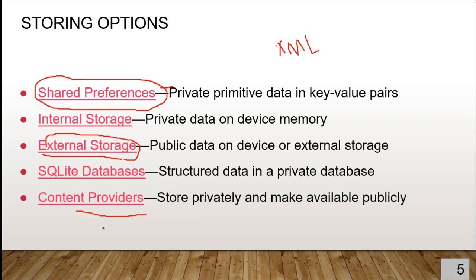You can use the content provider to store your data privately and make it available to other apps. To illustrate, imagine that this is your phone number, this is your name, and this is your address, and you have saved several pieces of data into your files. Here you can decide which part of the data is available to other apps and which part is private.